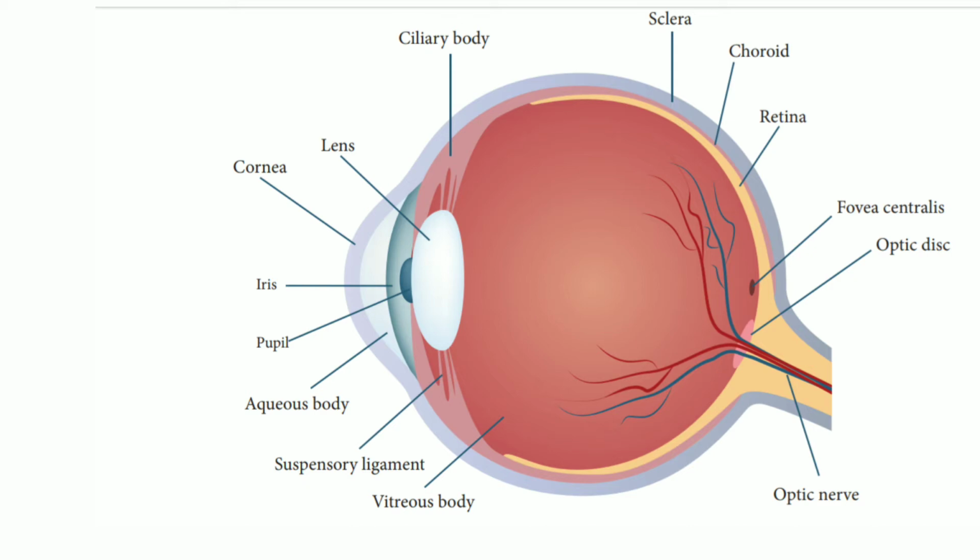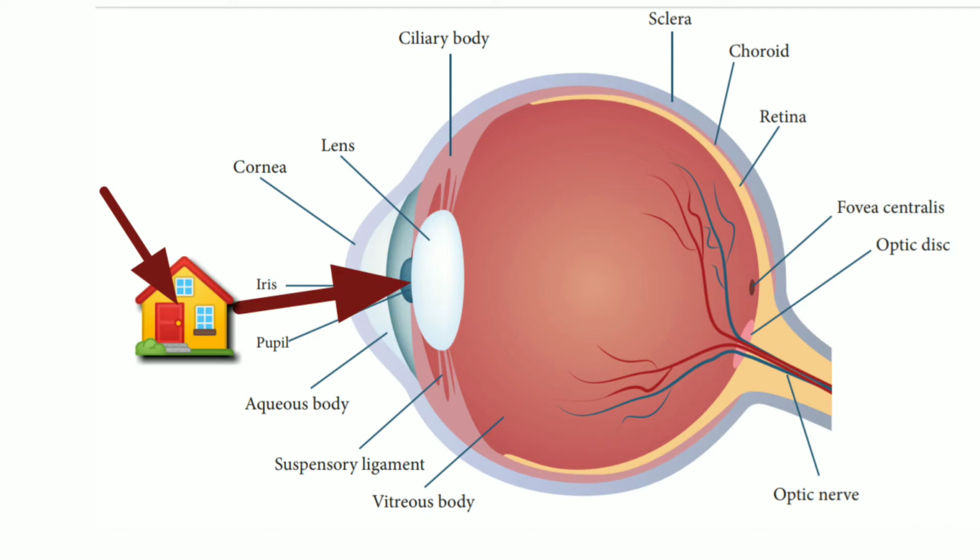Next, see the topic working of the eye. The transparent layer cornea bends the light rays through the pupil located at the center part of the iris. The adjusted light passes through the eye lens.